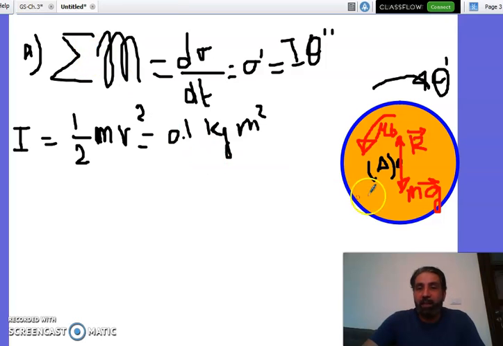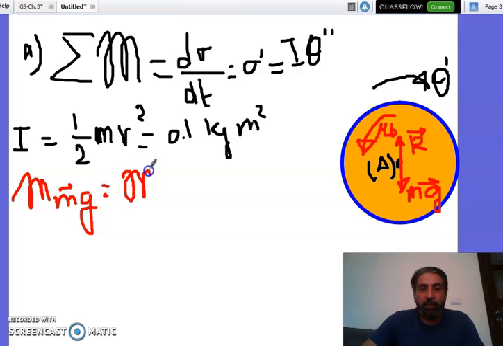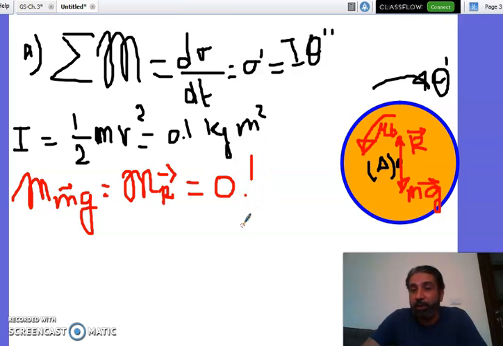Now you know that the moment of weight, as in the previous example, and as you did in back 1, and the moment of the reaction are equal to 0. Why 0?